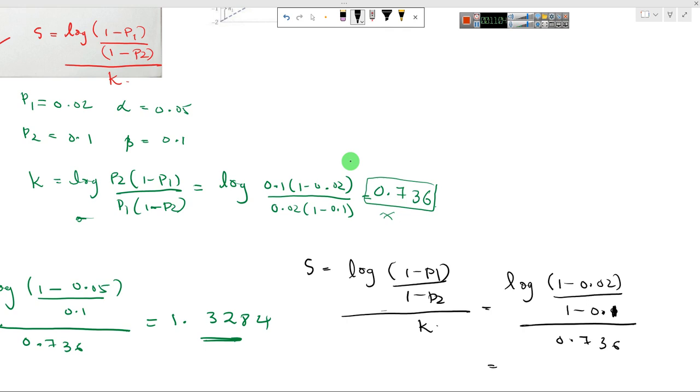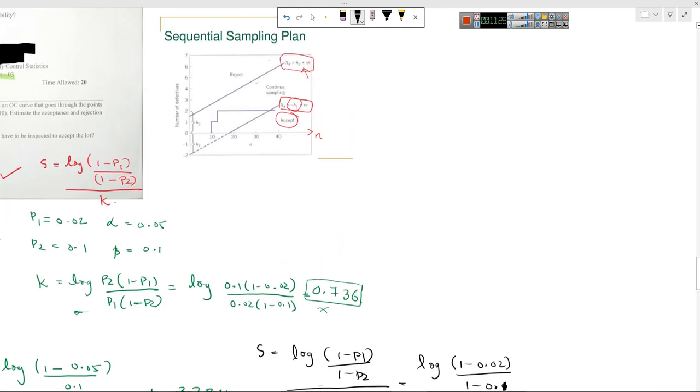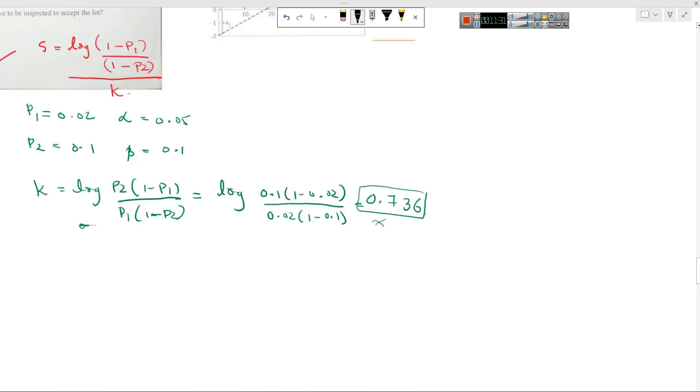So I got the answer 0.0369835666625. Then I have to divide it by 0.736. Okay, right. So that is equal to 0.05024, but I will omit the remaining decimal places, so 0.05. Now we will come to the graph, right?